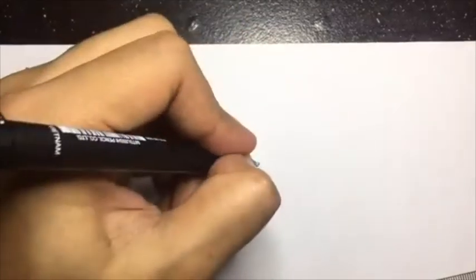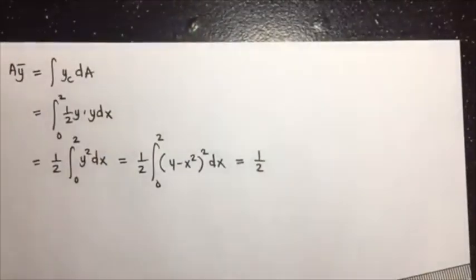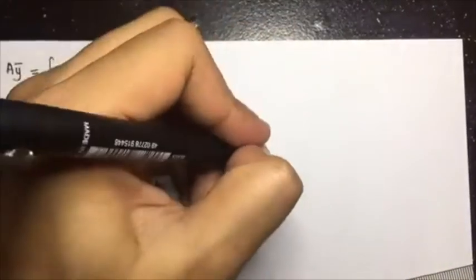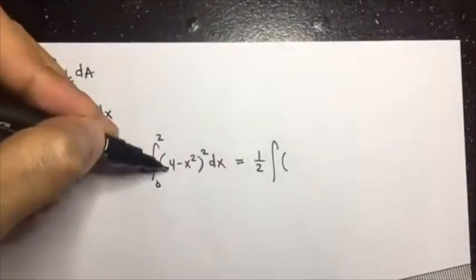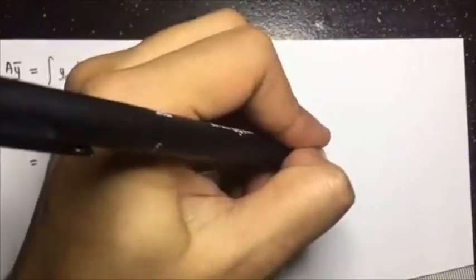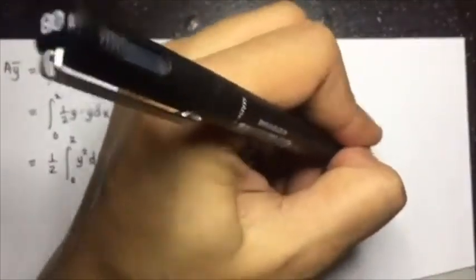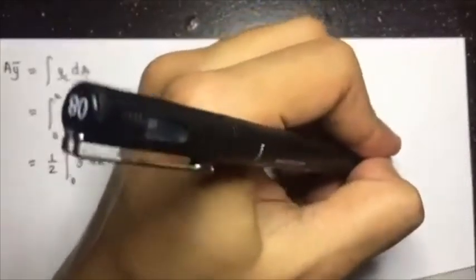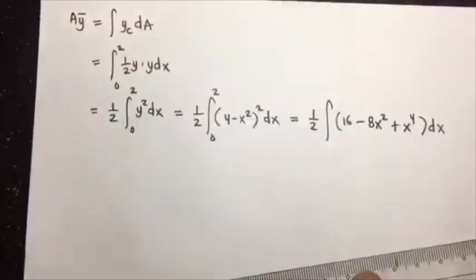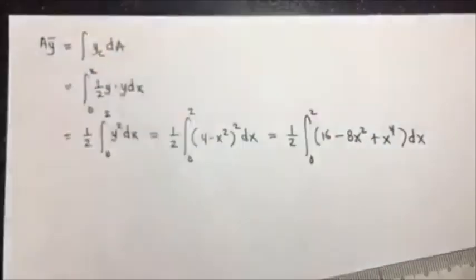Next, to integrate that, expand. So 1/2 integral of 16 minus 8x squared plus x to the power of 4 dx, from 0 to 2.